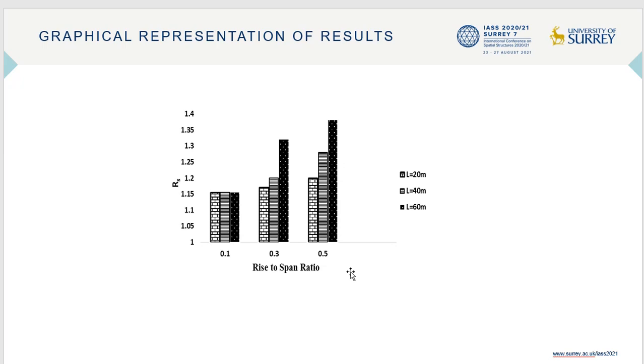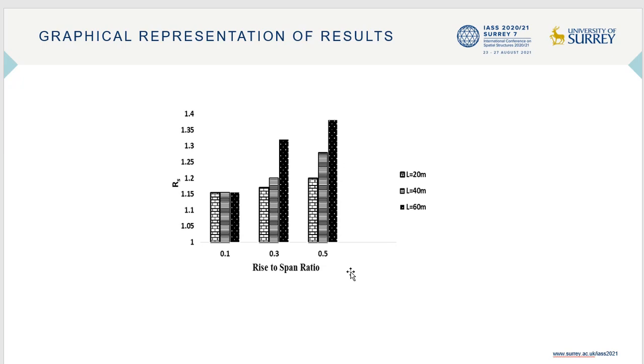By increasing the length of barrel vaults in rise-to-span ratios of 0.3 and 0.5, the overstrength factor has increased. In addition, an increase in the rise-to-span ratio leads to an increase in the overstrength factor.